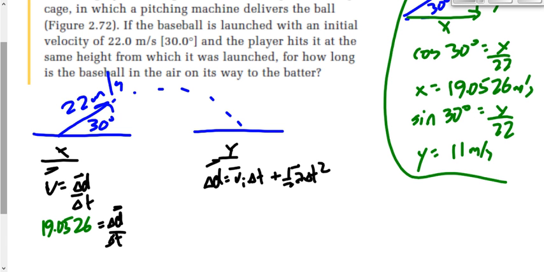The displacement for the y component is, Adam, what's the displacement for the y component? Where does it end vertically relative to where it started? It should be in the same place. Yeah, so in other words, the displacement is 0, right? So let's sub that in as 0 equals VI for the y component.